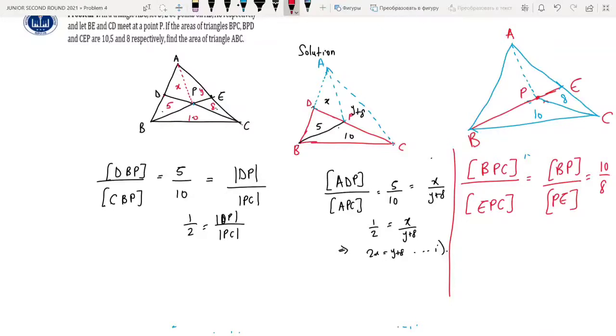Then next up, we use the same base, since it's constant. A and C are just different points that share a fixed segment BE.